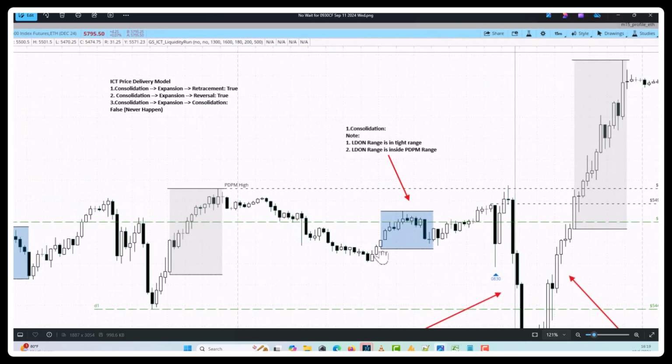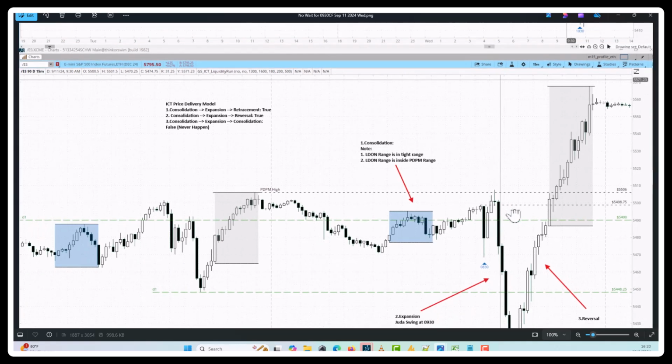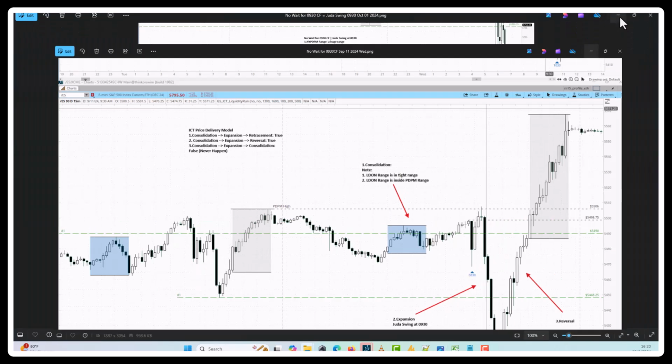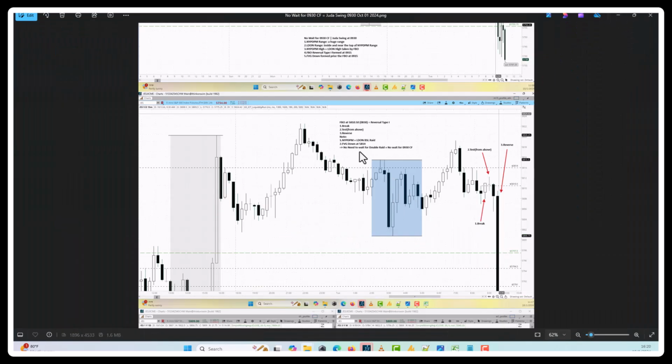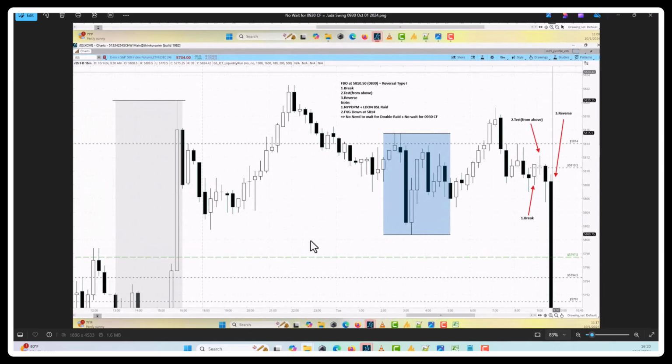You see that the London range is inside the New York Friday PM range, but the raid right here is different. It raided both of them right before 9:30. But in this case, it doesn't have the raid right here only for the London. The previous day already raided in the 22 hour, not right before the 9:30.